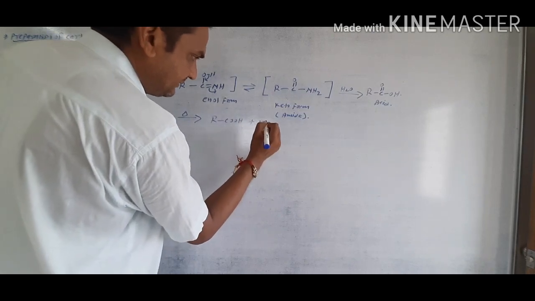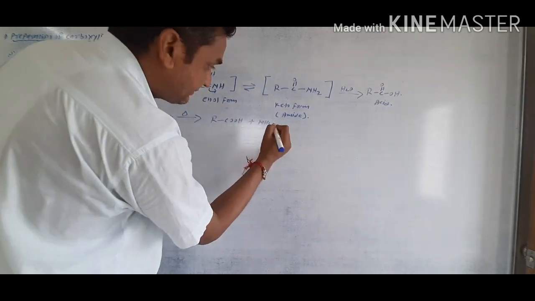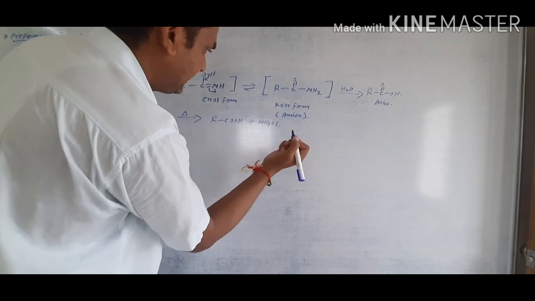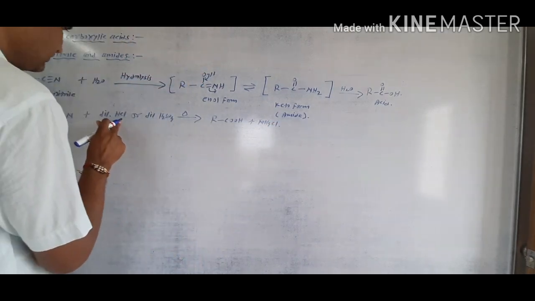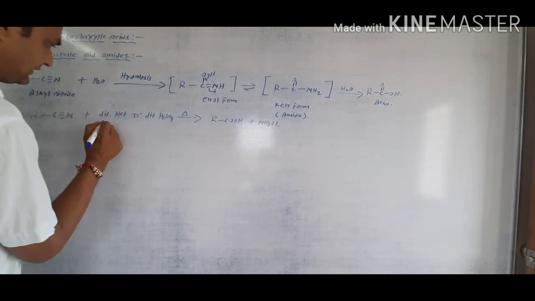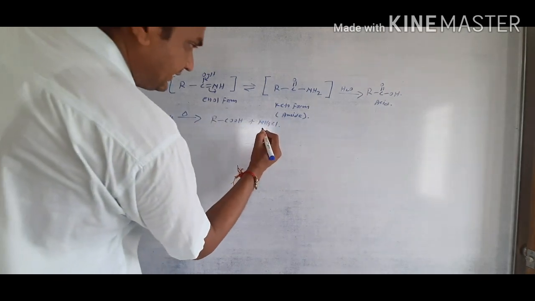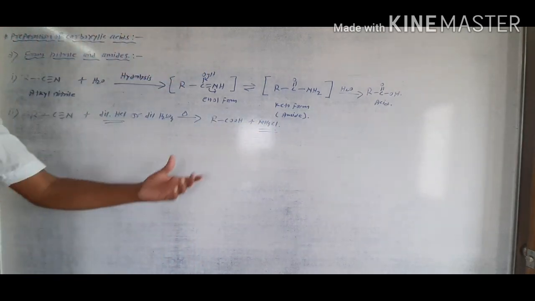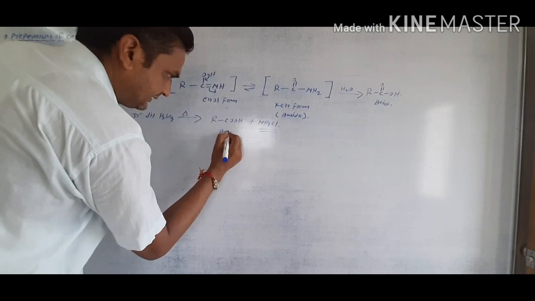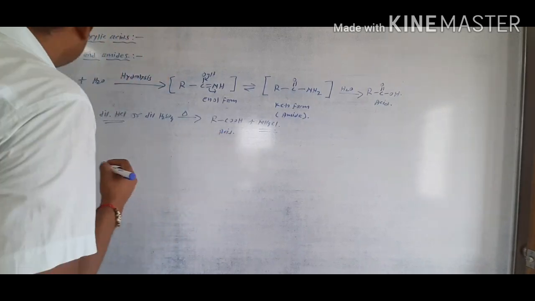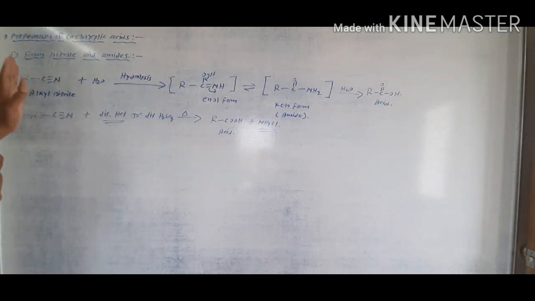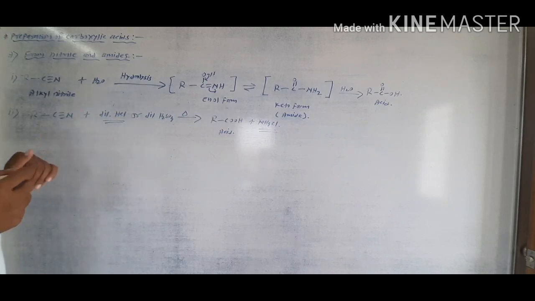This is the second method for the preparation of carboxylic acid. Suppose we use HCl, then the byproduct is NH4Cl, and this one is the acid.